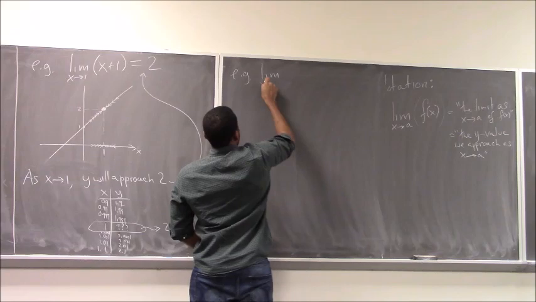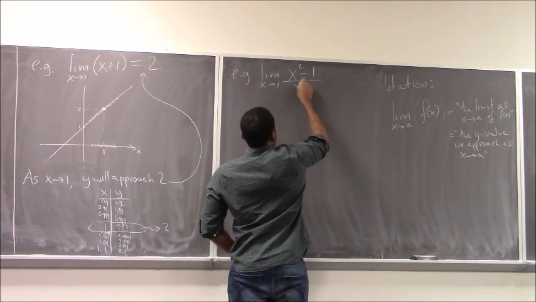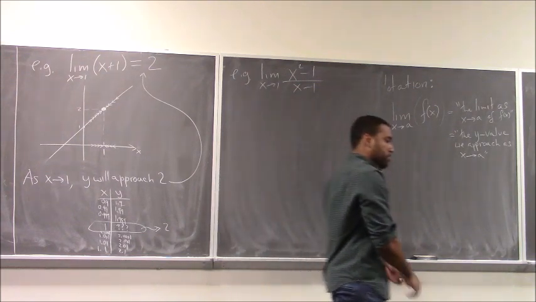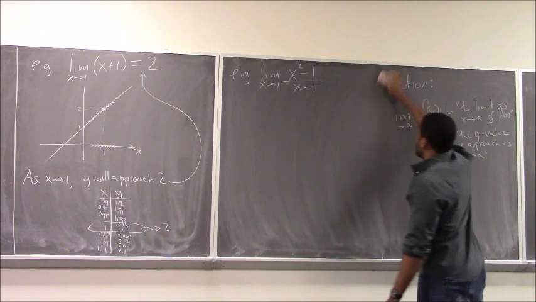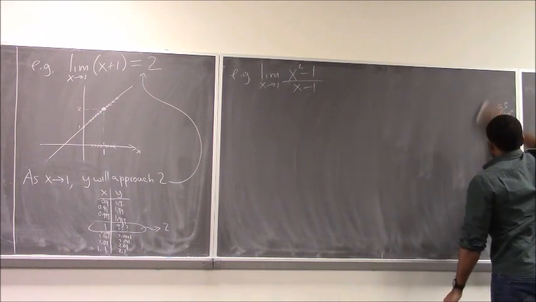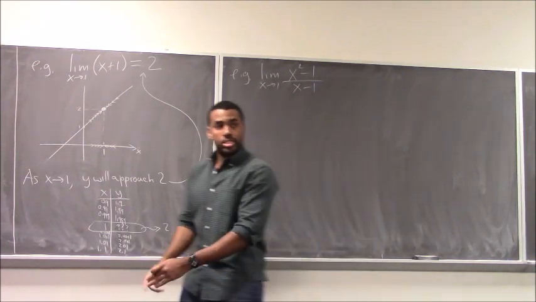Look at the limit, again, as x approaches 1, of x squared minus 1 over x minus 1. Now what do you think the answer is?